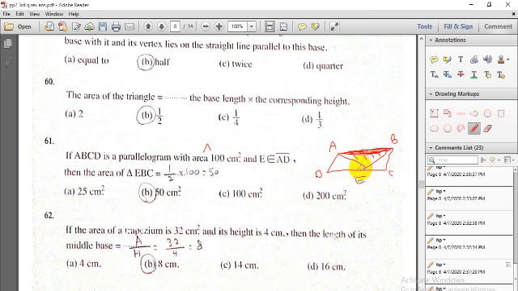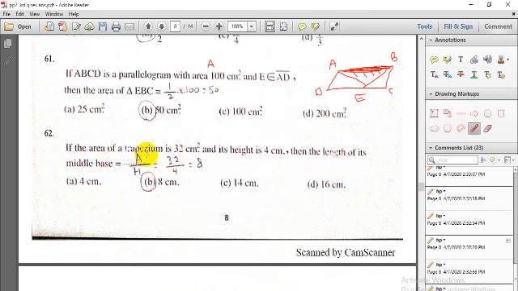So its area equals half the area of parallelogram. And what is the area of parallelogram? It's 100. So the area of the triangle is half of 100, which is 50. Very good.